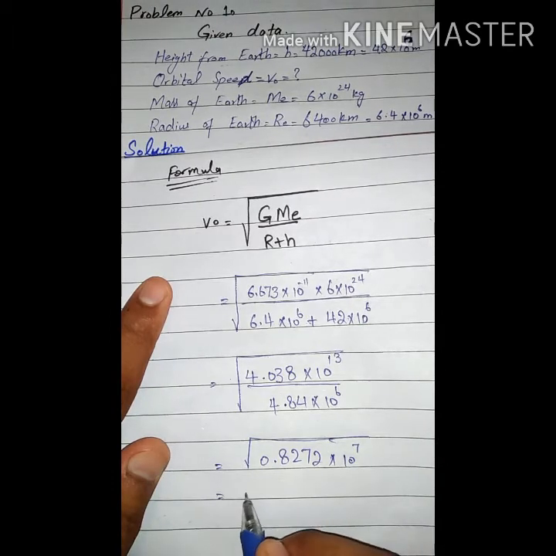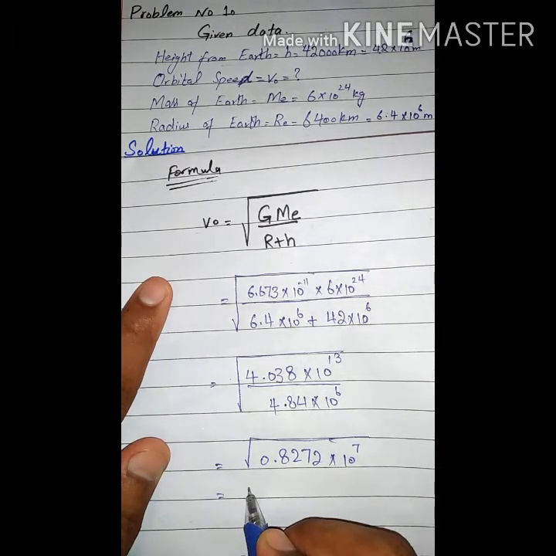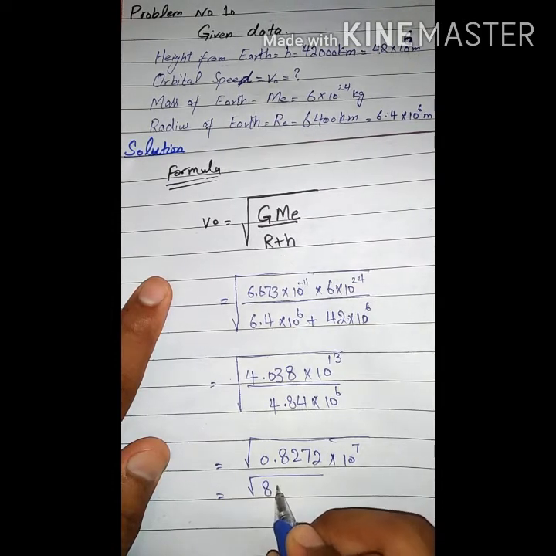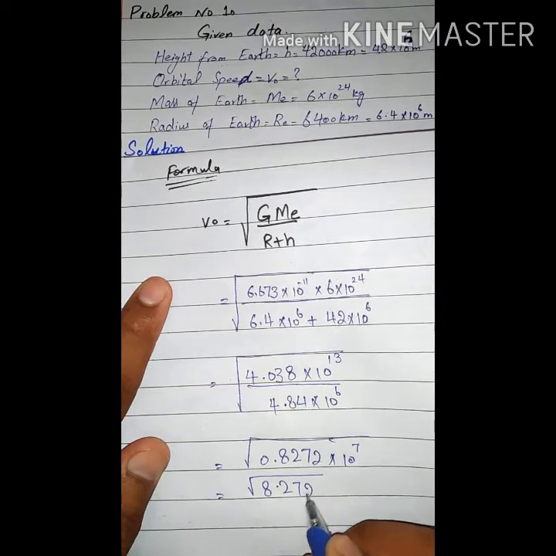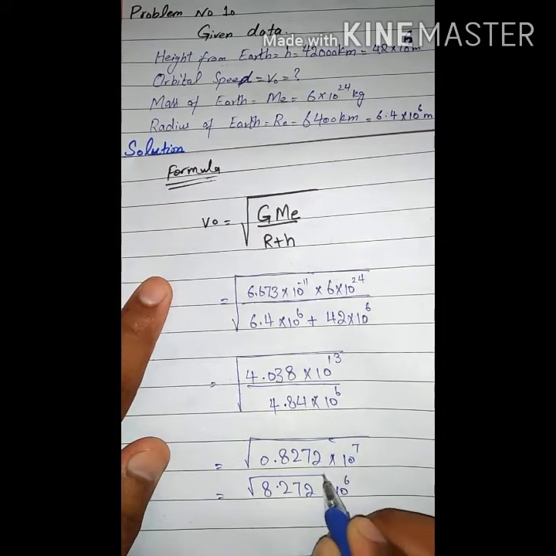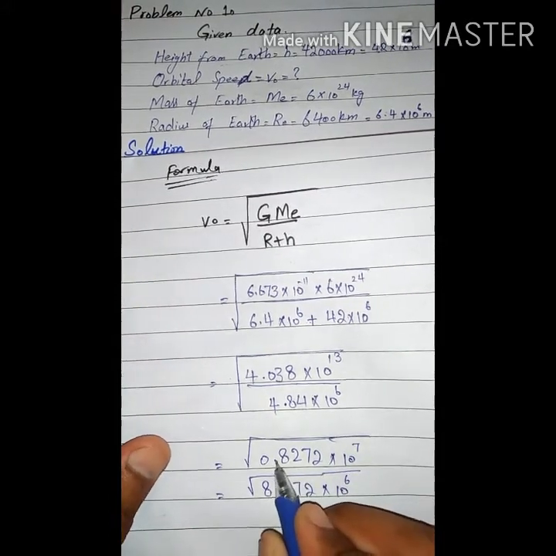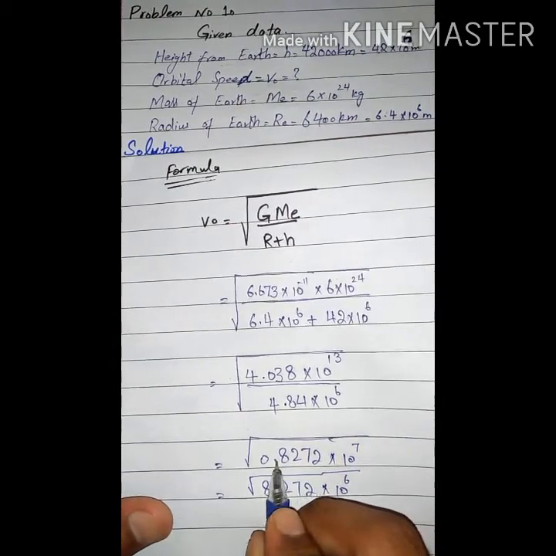So we will get the exact value by replacing it with 8.272 multiplied by 10 to the power 6. One power will be decreased when we move the decimal point from left to right.